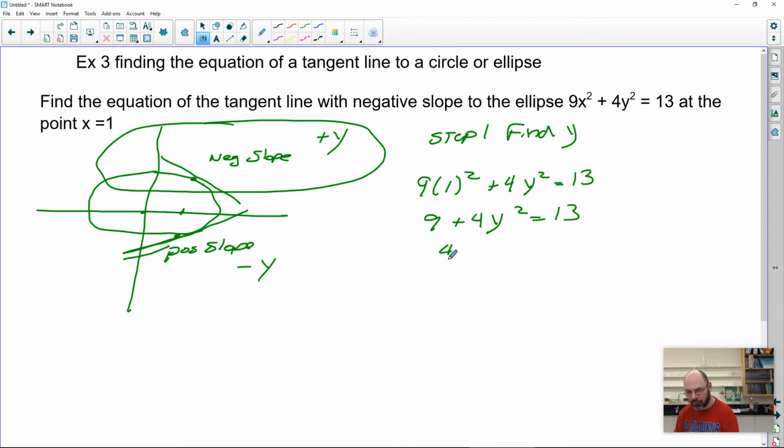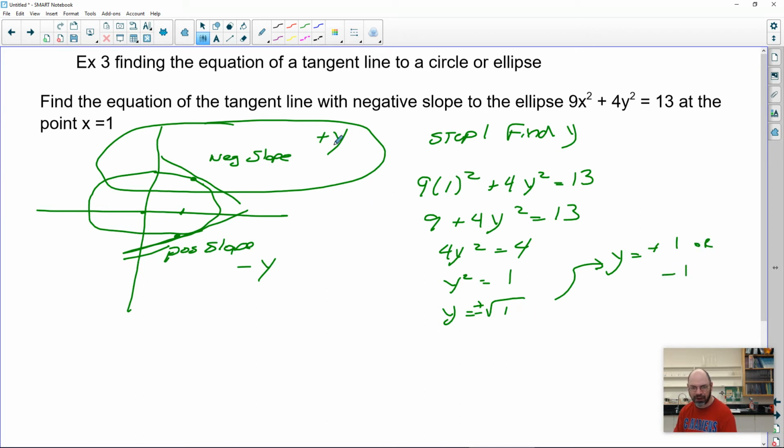Subtract 9, 4y squared equals 4. Divide by 4 on both sides. y squared equals 1. So root both sides. y equals plus or minus the root of 1. So y equals plus 1 or negative 1.